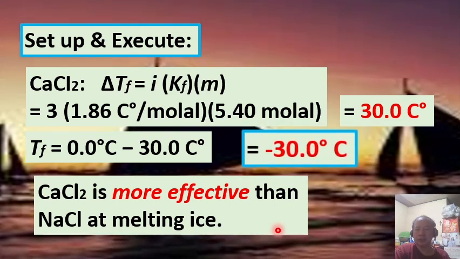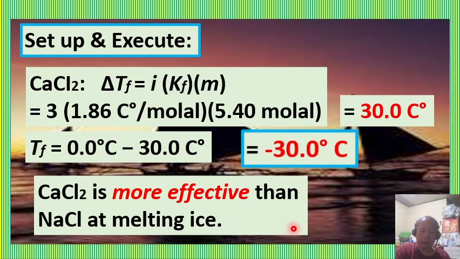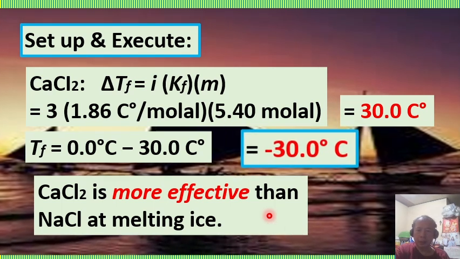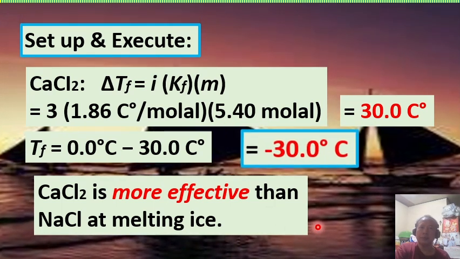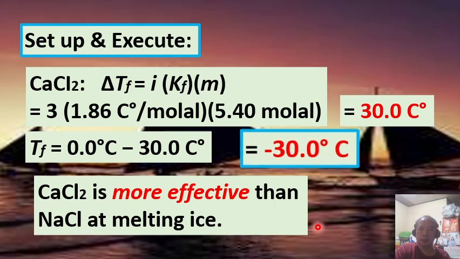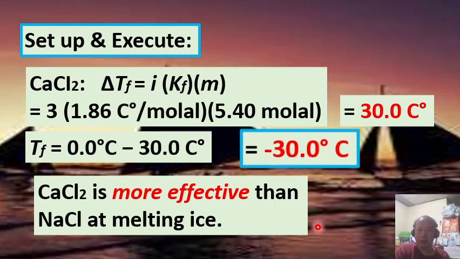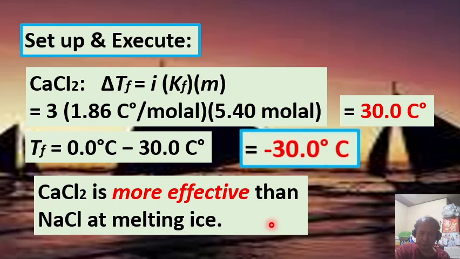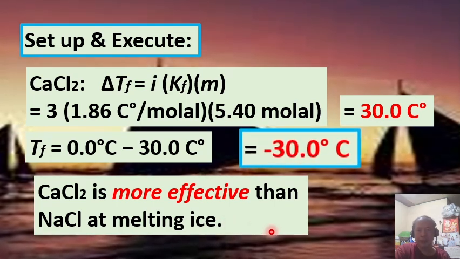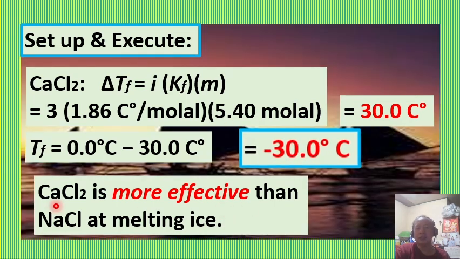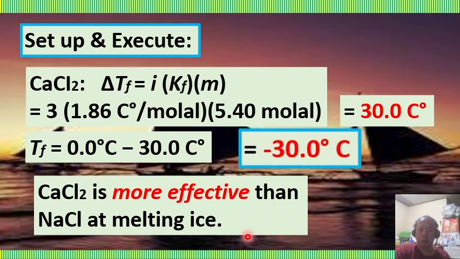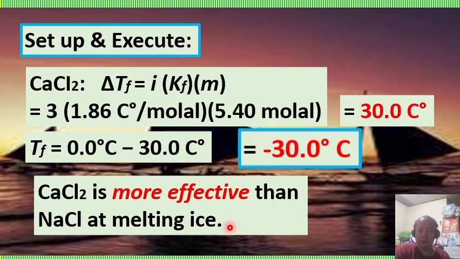And this is primarily because of the greater value of the index, small letter i, the van 't Hoff factor, greater in the case of calcium chloride as compared to that of sodium chloride.